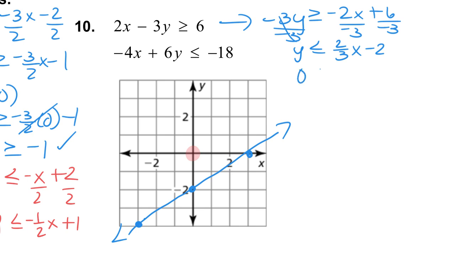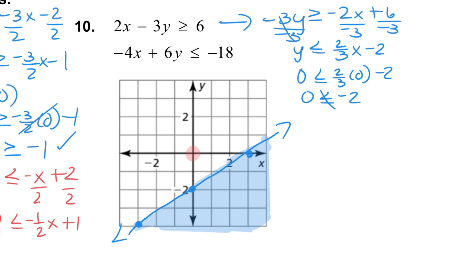So if you have 0 is less than or equal to 2/3 times 0 minus 2. Is 0 less than or equal to negative 2? Incorrect. Therefore, I'm going to shade the opposite of the test point, which is going to be right below the line.